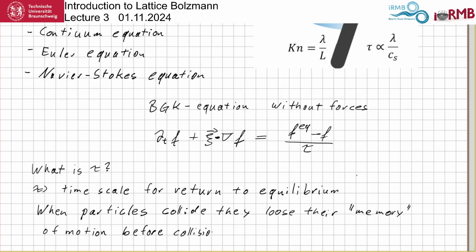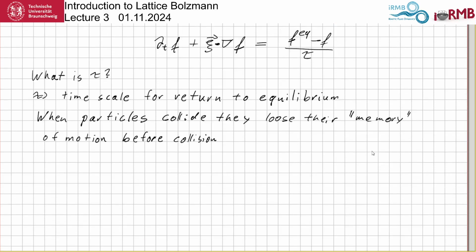Collision. Okay, our picture is the following. There is a particle. Say the particle originally came from here, and say this is the black particle, and now there is a green particle.